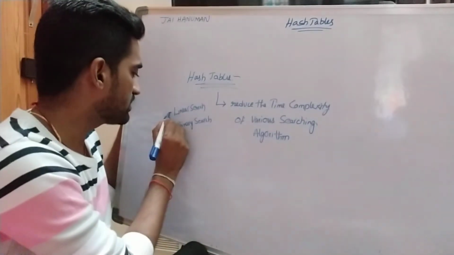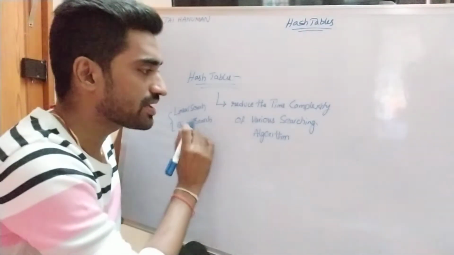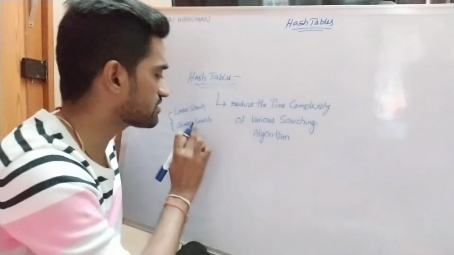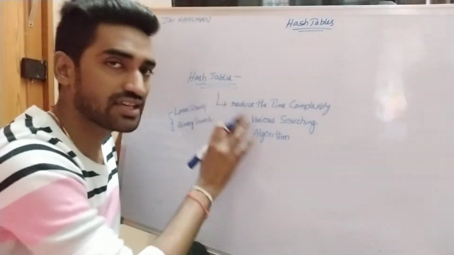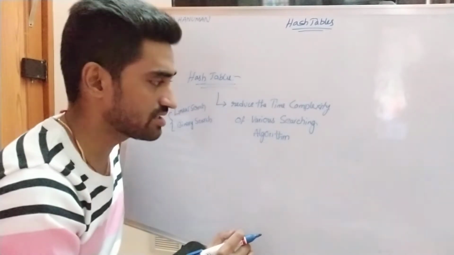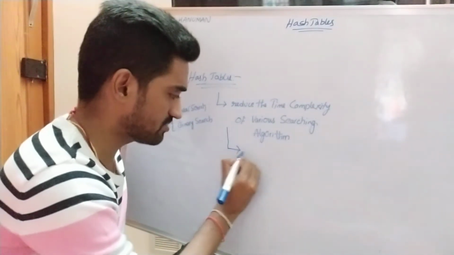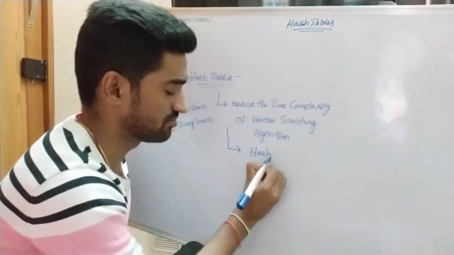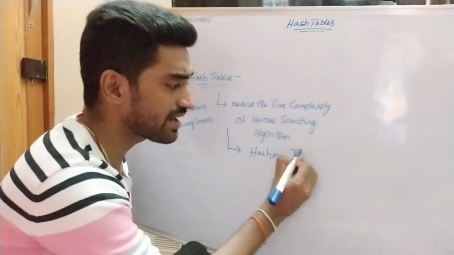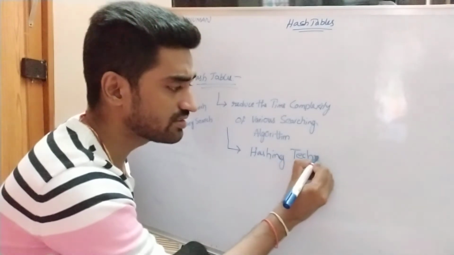So to reduce the time complexity of various searching algorithms, hash tables are introduced. For that purpose, hash tables use the hashing mechanism or hashing technique.